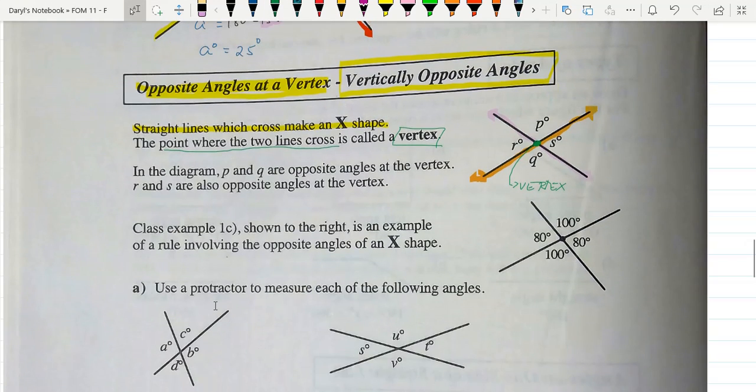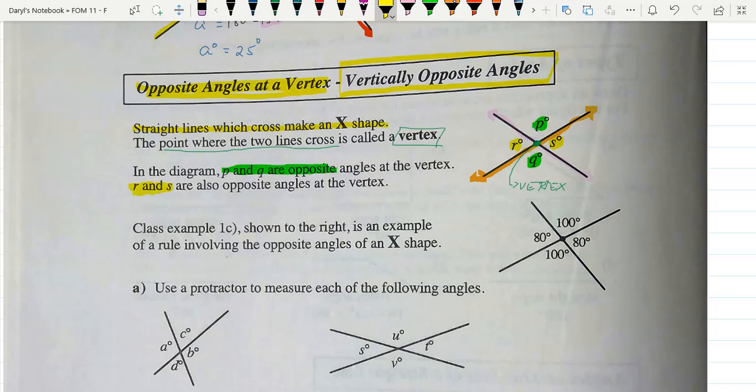So if you can see, angle P and Q are opposite to each other, opposite in reference to the vertex, as well as R and S. R and S are also opposite to one another.